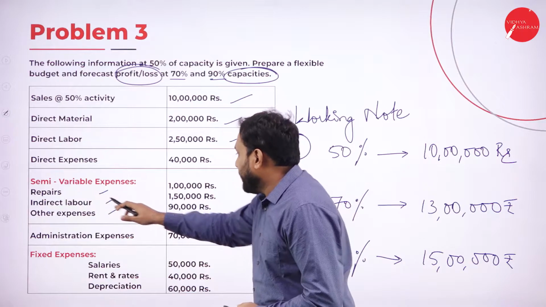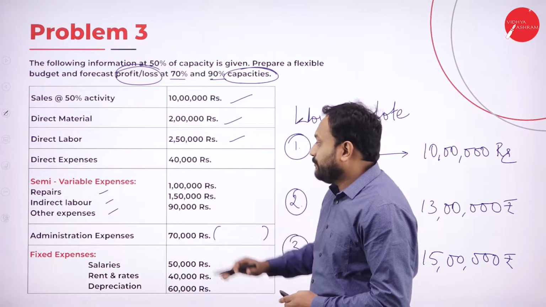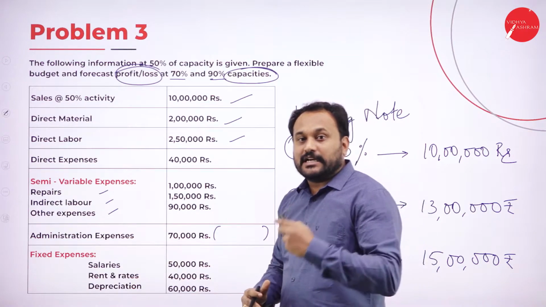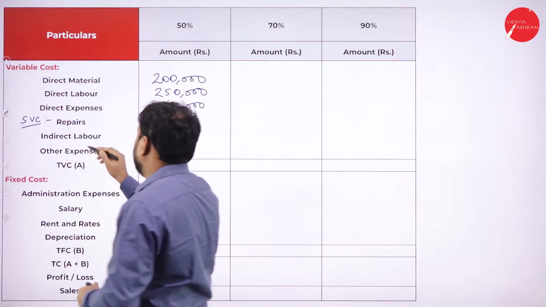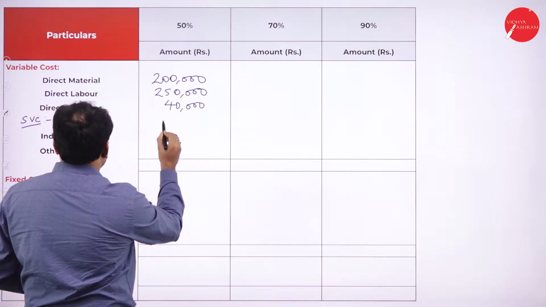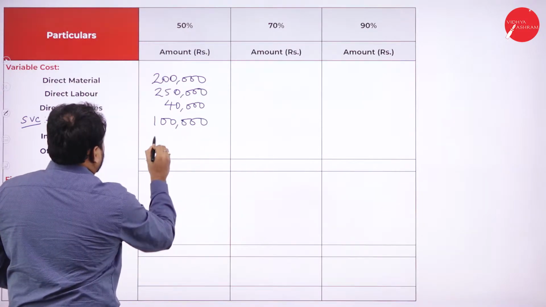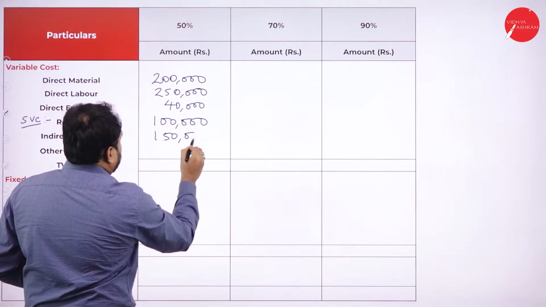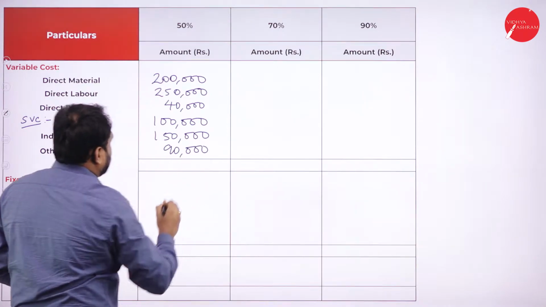Repair is 1 lakh, then indirect labor is 1 lakh 50,000, and then 90,000 is other expenses.